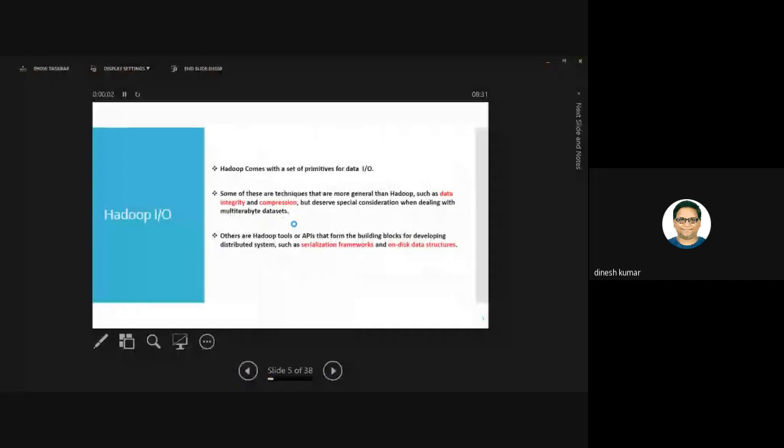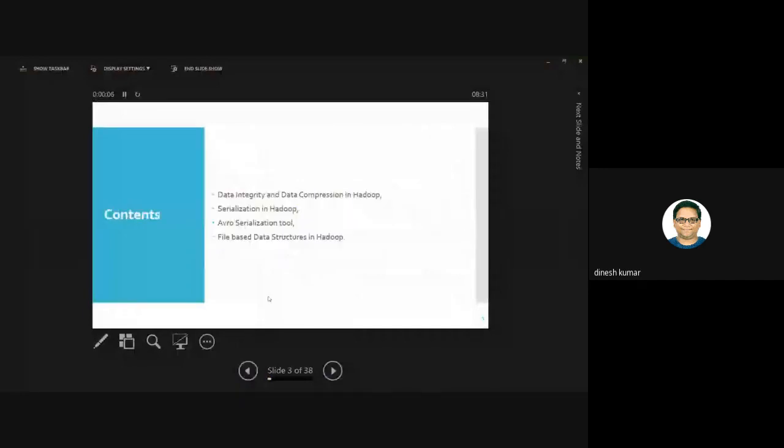Hadoop input output, in which we will essentially talk about these 4 topics, but these 4 topics will include a few lectures, maybe 5 to 6 lectures, more, I don't know. In this, we will be talking about a few issues, which are not restricted to Hadoop, or not only known in the context of Hadoop.